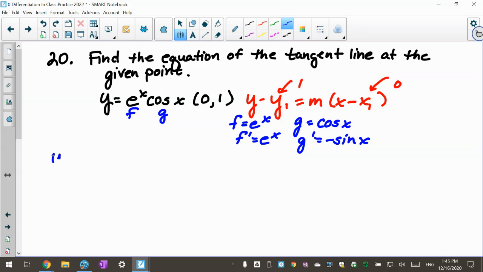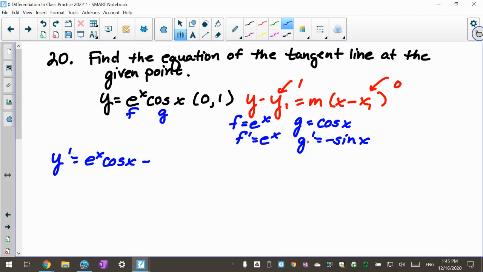So I know that y prime is f prime g, e to the x cosine of x, plus f g prime, excuse me, because this is the product rule, please forgive me.